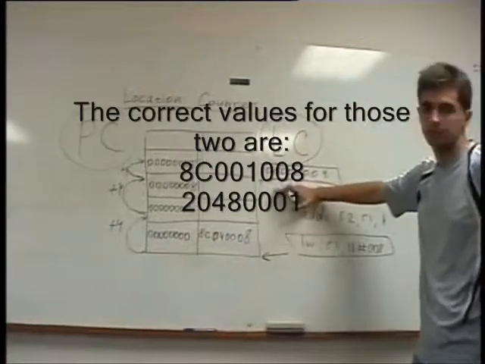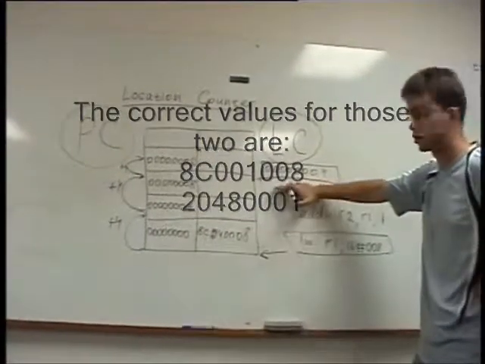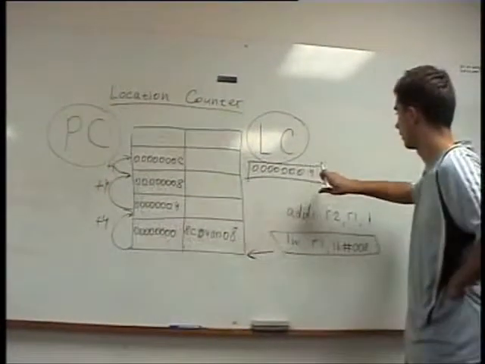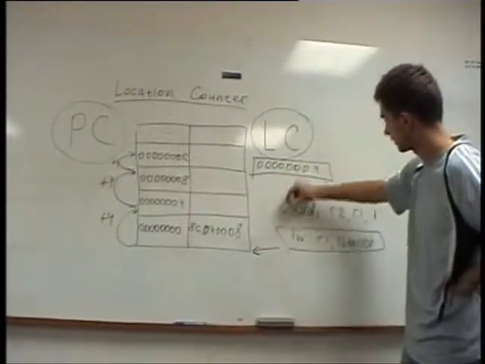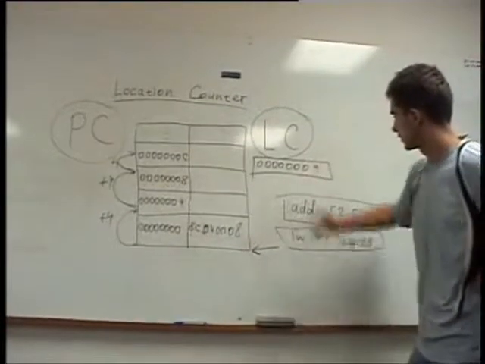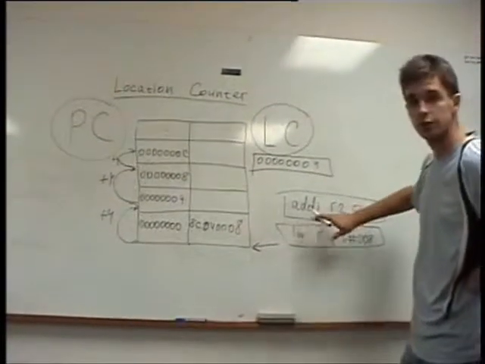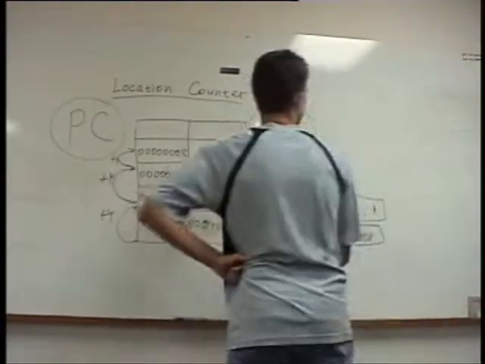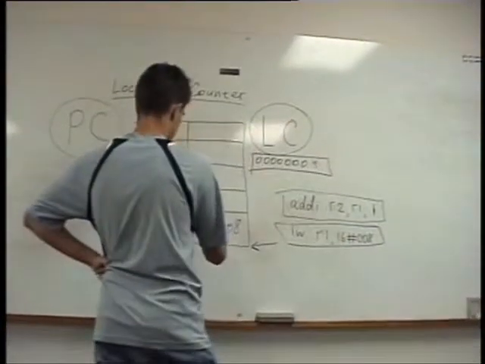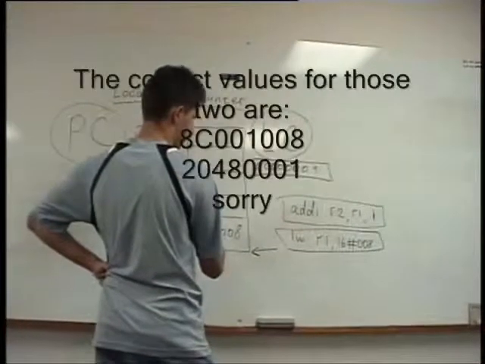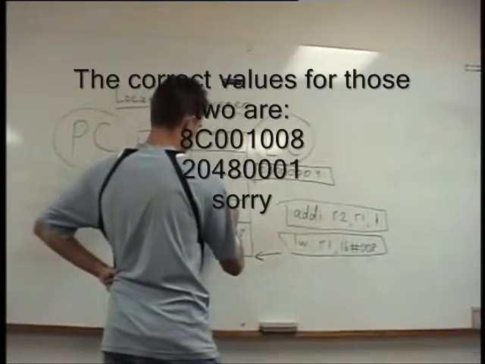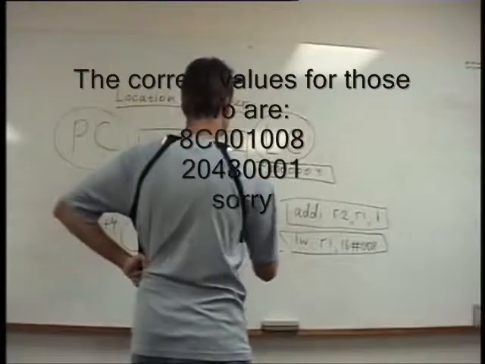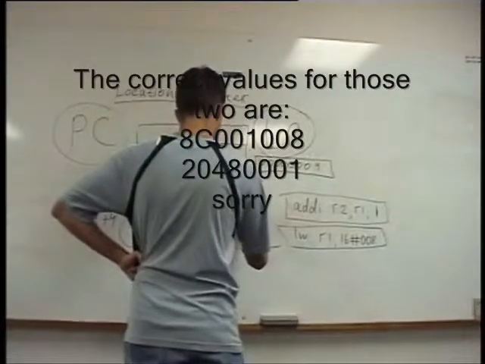So now the assembler knows that the next instruction to be translated is at the memory location 4, which is this instruction. So what it does, it fetches this instruction and translates it into hex again. And this one's going to be 2, 0, 4, 4, 0, 0, 0, 1.